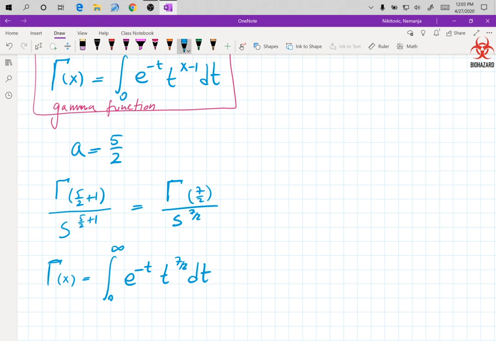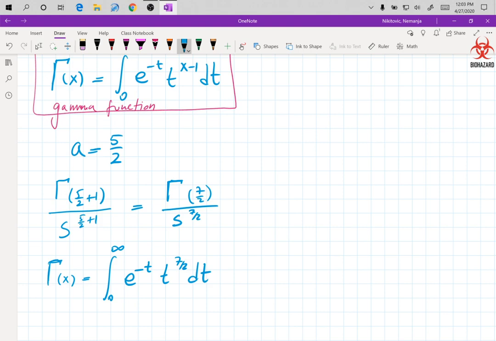So gamma functions. Now we're supposed to compute the gamma function, right? But we can't, because it's improper.